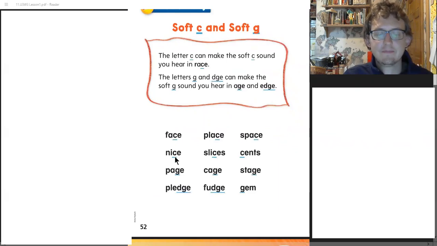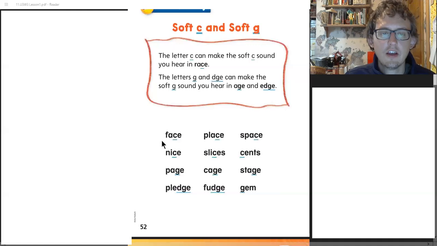So first, face, nice, page, pledge, place, slices, cage, fudge, space, sense, stage, gem.